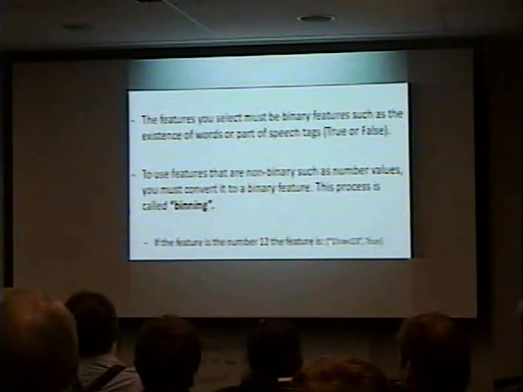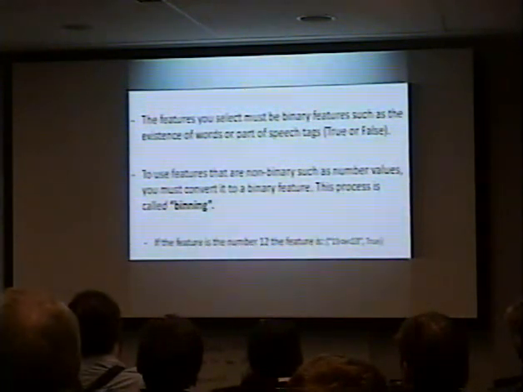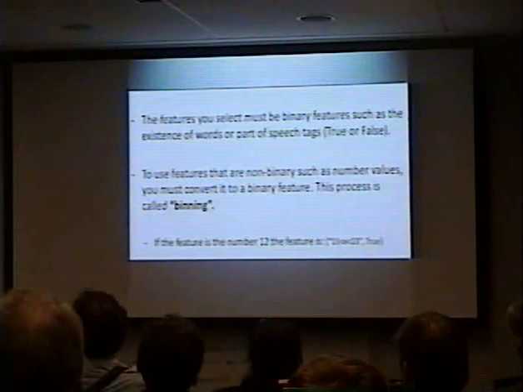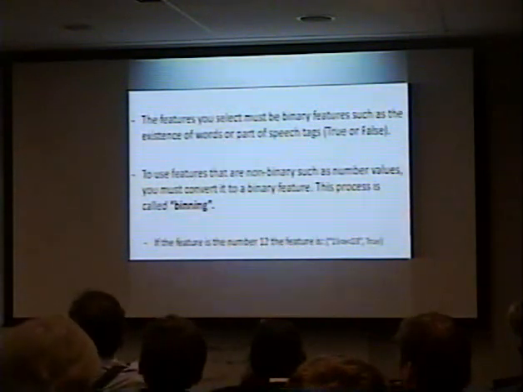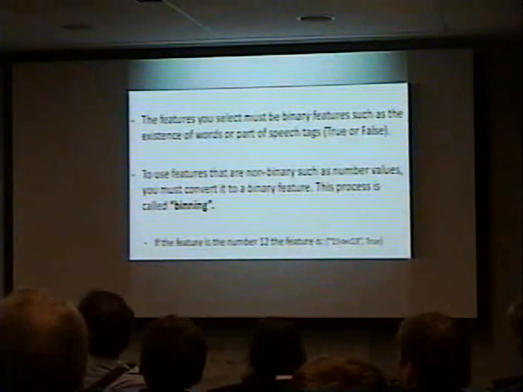So let's say the number that you came out with was like 12 point something, some random number between 11 and 13. You could actually do it as a string: 11 is less than x is less than 13. And you'll see why this works later, because as far as NLTK knows, all it's seeing is that string and comparing it with other strings that are exactly the same to see if they match.